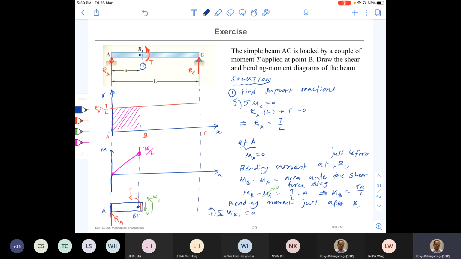So can you write the equation? M1 plus T is in the same direction, and RA is in the negative direction. The size of RA is T over L, into the distance A, should be equal to 0. Now if you simplify this, you can find M1 is equal to negative T times (1 minus A over L).